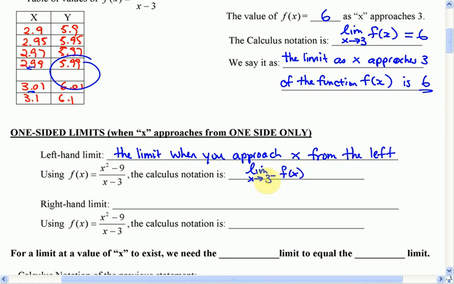So those will be values like these ones, 2.99, 2.97, all those. Okay. Whereas if I'm curious about the right-hand limit, that's the limit when you approach x from the right.